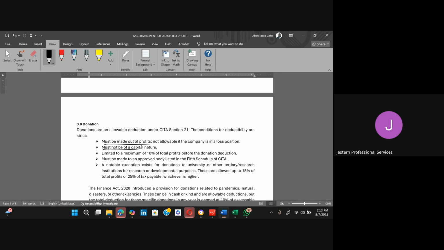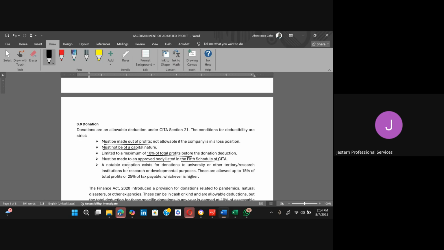Then it must not be of a capital nature. It should also be limited to 10% of the profits before donation could be deducted. It must also be made to an approved body listed in the fifth schedule. So we are going to see all those bodies that are listed.